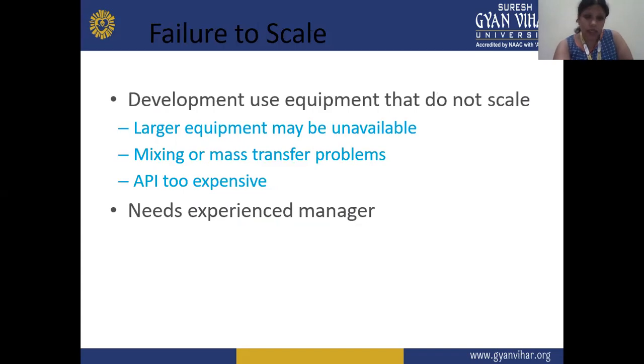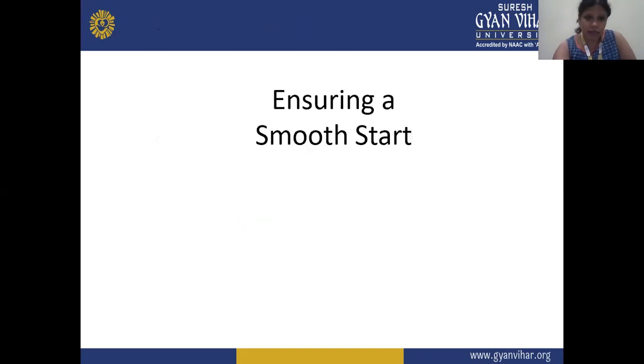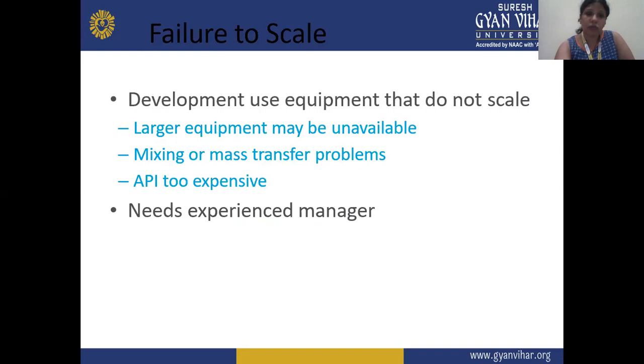Now failure to scale. How does failure to scale happen? It is the use of development equipment that does not scale, larger equipment may be unavailable, mixing or mass transfer problems are there, the API is too expensive, and it needs experienced managers.